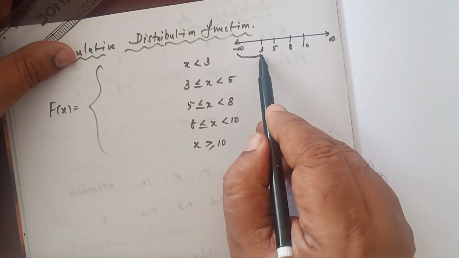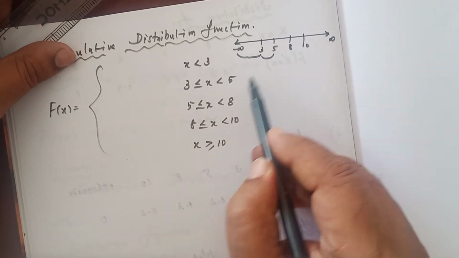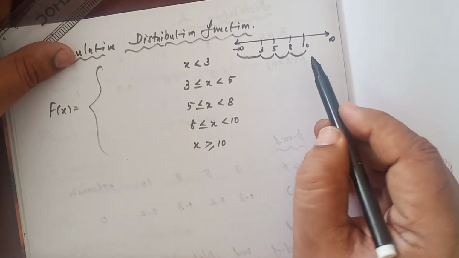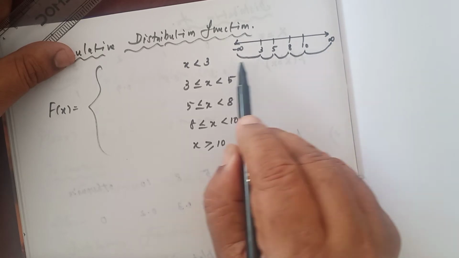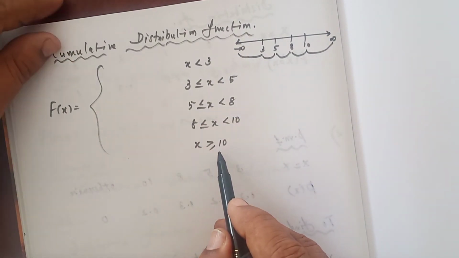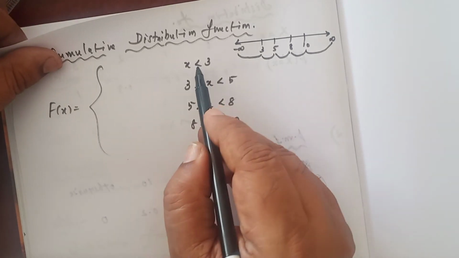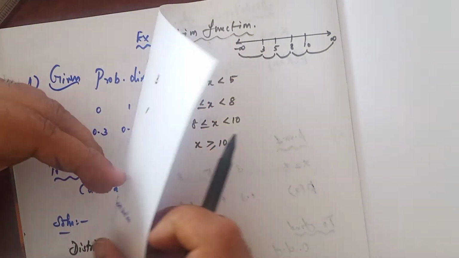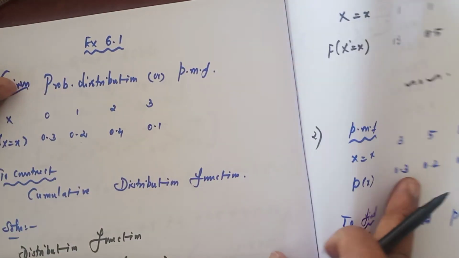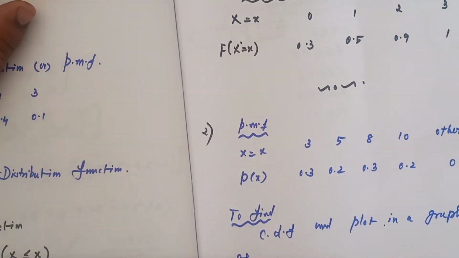Then 3 to 5, this region. 5 to 8, 8 to 10. Greater than or equal to 10 means 10 and above. So the entire region is covered. Less than 3, no value at all, because the starting one is 3. So for less than 3 we write 0.